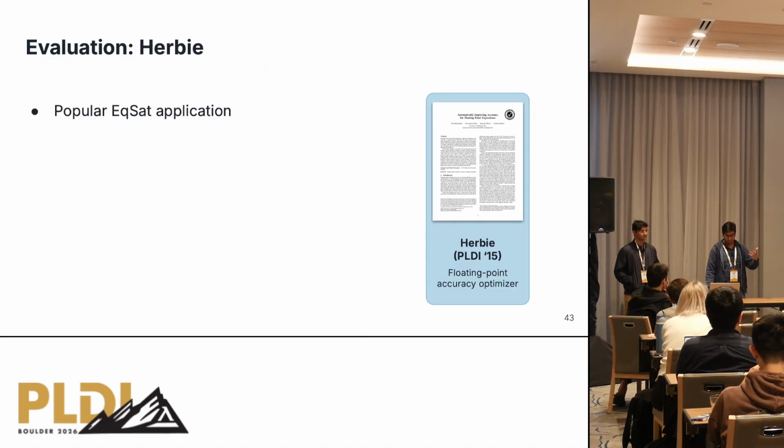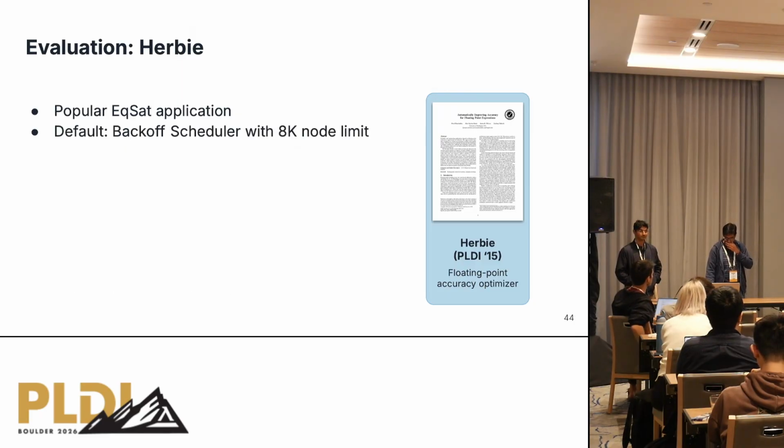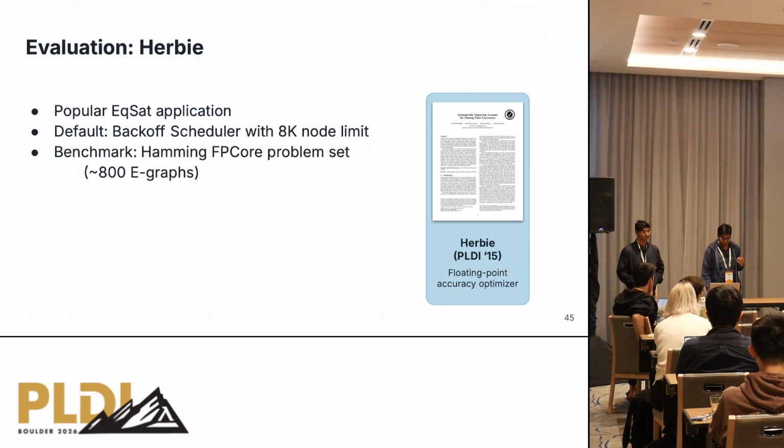Now let's consider Herbie, which has been commonly used in a lot of evaluations like the egglog, Ruler, and NEMO papers. Herbie uses the backoff scheduler under an 8K node limit, and that's its default scheduler. To the best of our knowledge, we couldn't find any prior works similar to MCTS which have been tuned for Herbie, so our evaluations restrict to backoff and CERES.